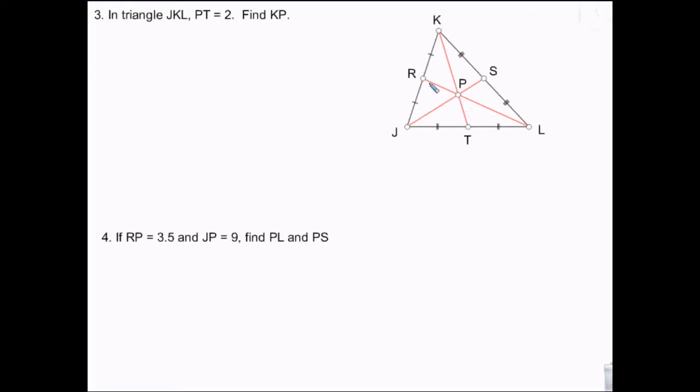These parts are already labeled, but they're the same because it's a median, so it cuts the sides in half. PT would be 2. That's this length right here. And we want to find KP. Well, KP is going to be twice as long as PT. So KP would equal 2 times 2, so it's going to be 4.